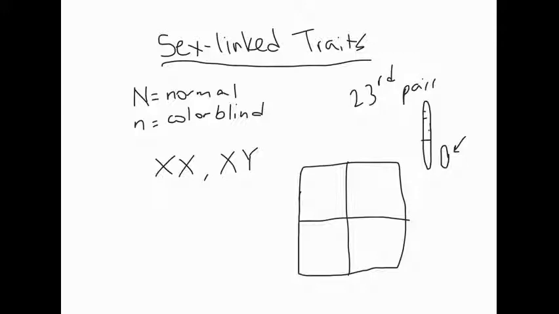So she has normal vision, but she does have one recessive colorblind allele. To make her female, I have to have XX. Her alleles: one is a capital N, and her other one is the recessive colorblind allele. Remember, she is not colorblind because she does have one of the dominant normal alleles.